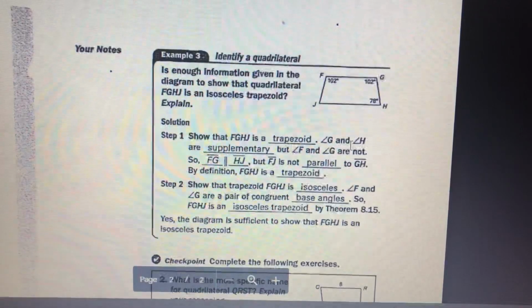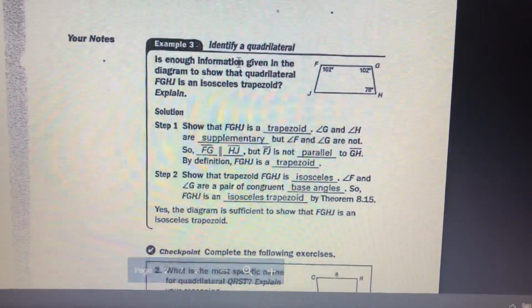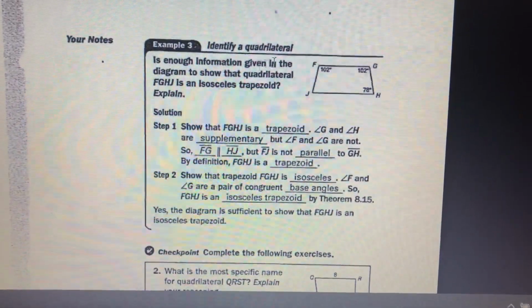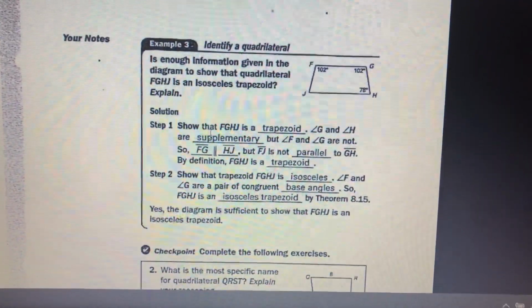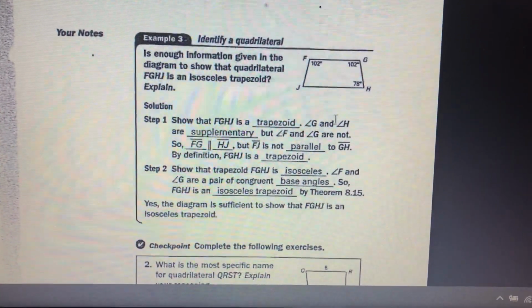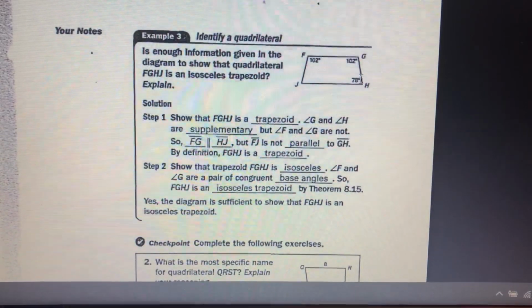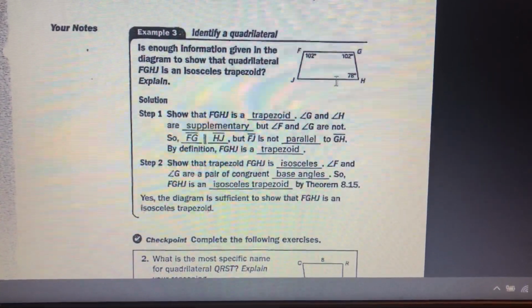So if we're looking down here, identifying the quadrilateral, is there enough information given in the diagram to show that this is an isosceles trapezoid? Yes or no? Well, first we need to show that this is a trapezoid. G and H are supplementary angles, thus FG and JH are parallel.